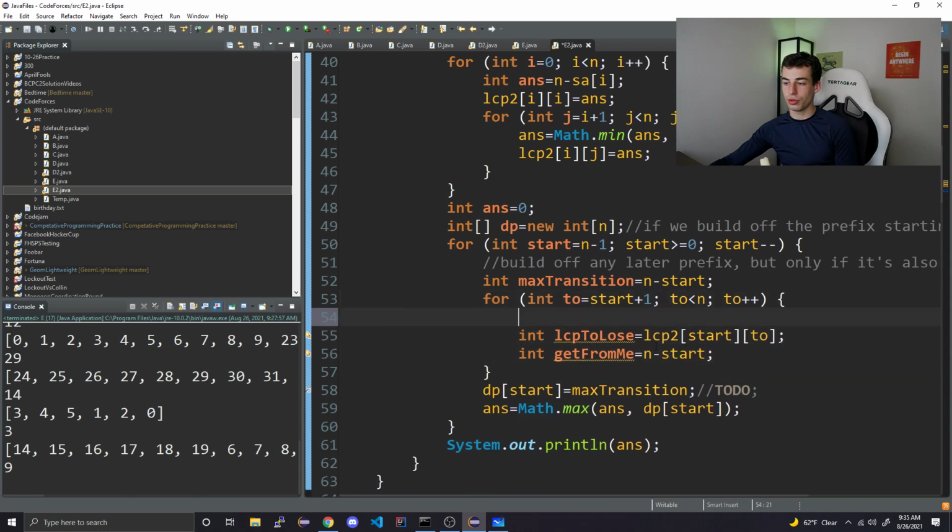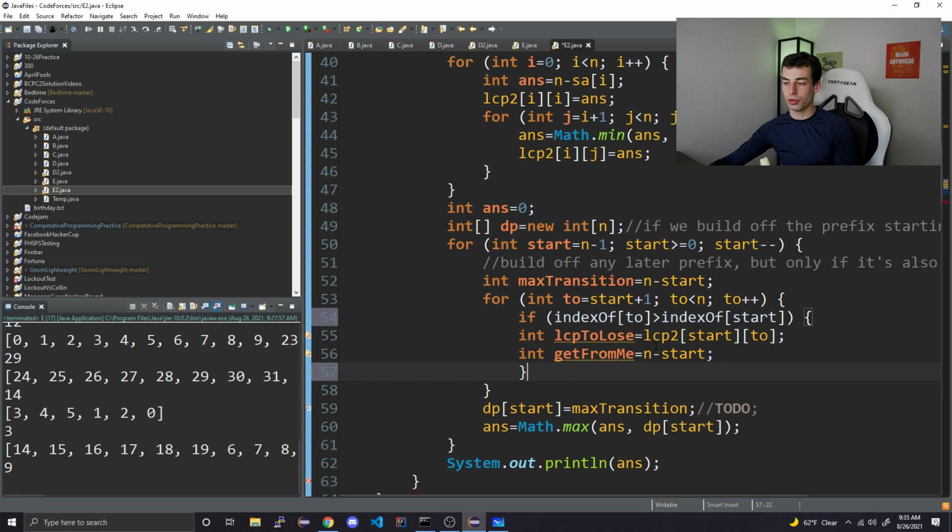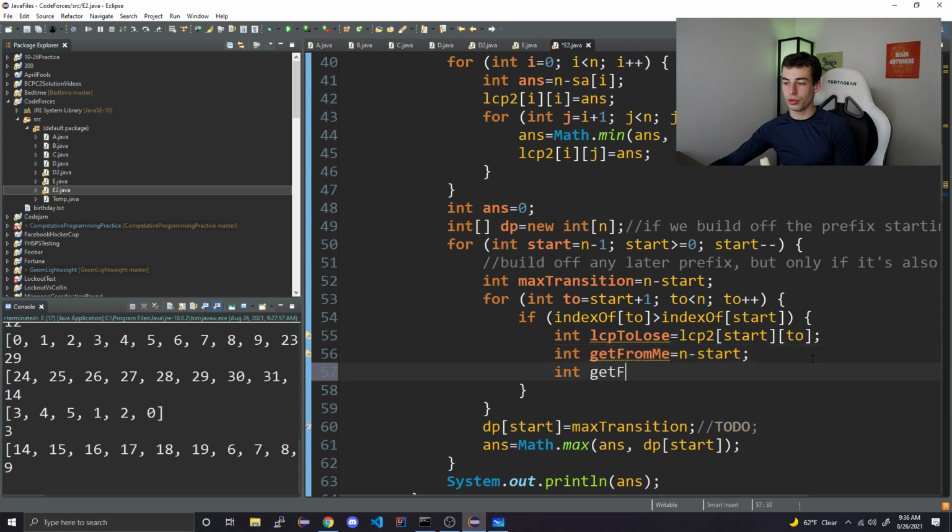We only want to do this if index of at 2 is greater than index of at start. So he has to be after me in the suffix array. This is how much we lose because we share it, and this is how much he gets from me.